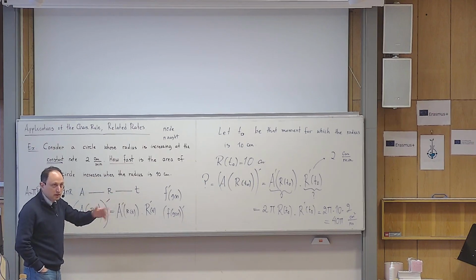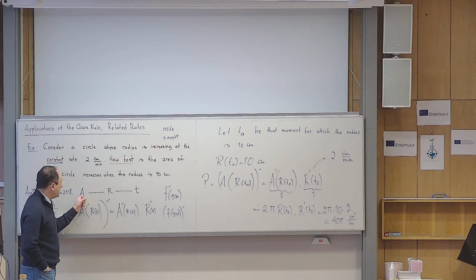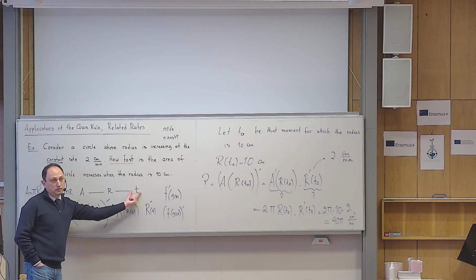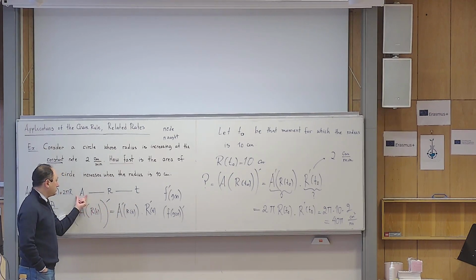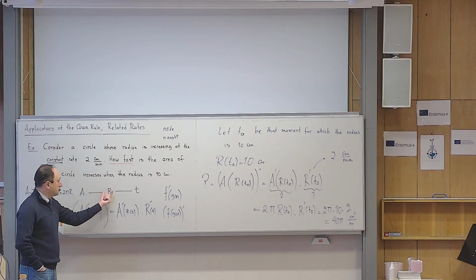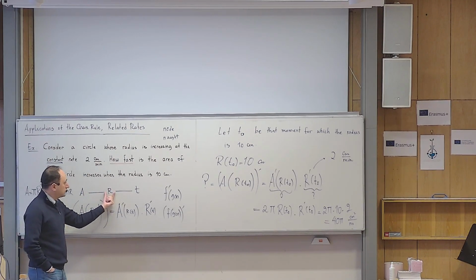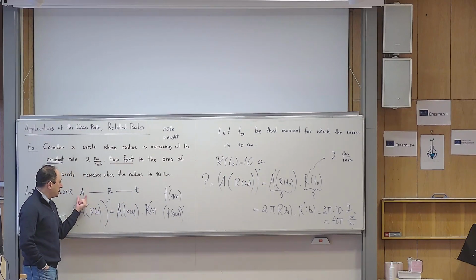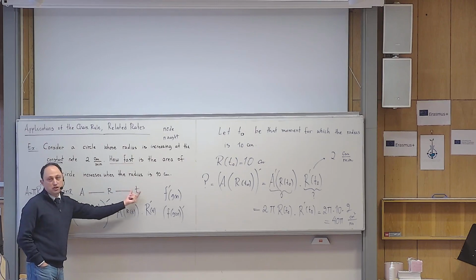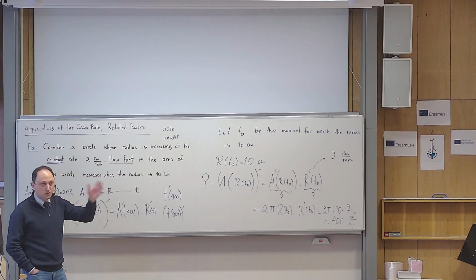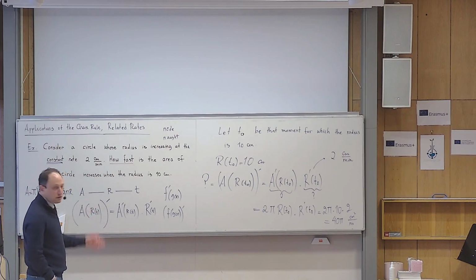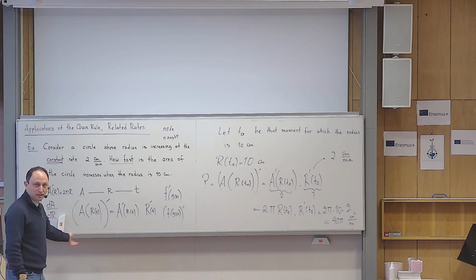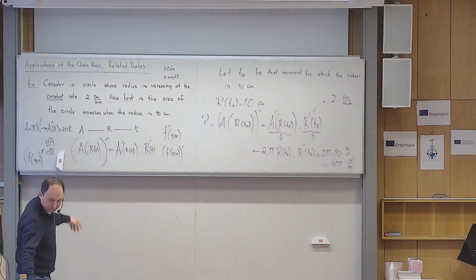Whenever this happens, and you want to find the rate at which the first quantity is changing with respect to a change of the last quantity, you need to remember this trick. And that's not a trick, by the way, that's the chain rule.